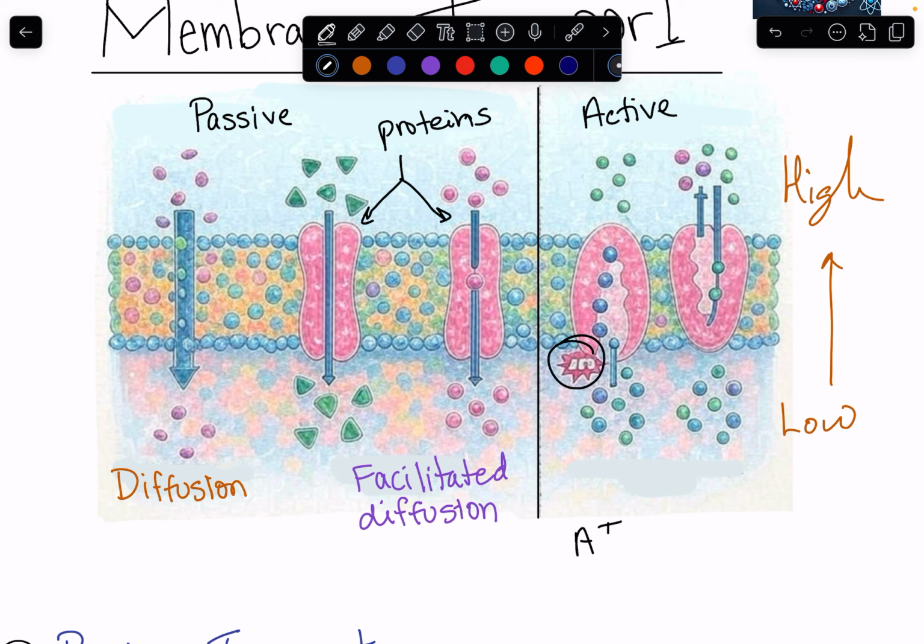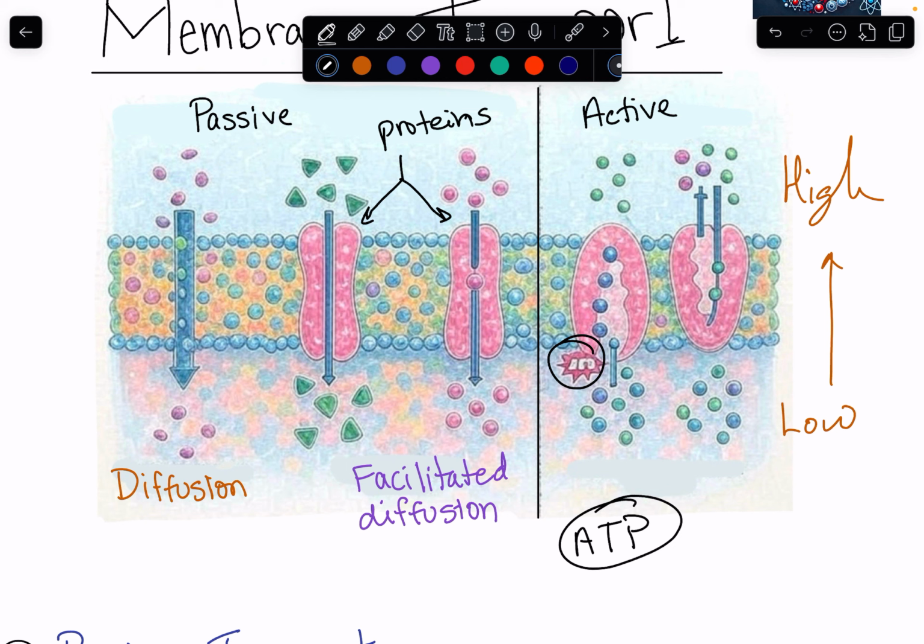And this itself is going to require energy, otherwise known as ATP, adenosine triphosphate. ATP is going to help move these molecules from a low concentration gradient to a high concentration gradient. We're going in the opposite direction.